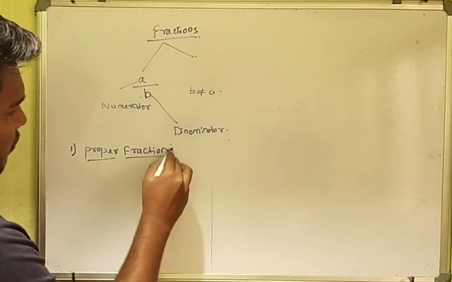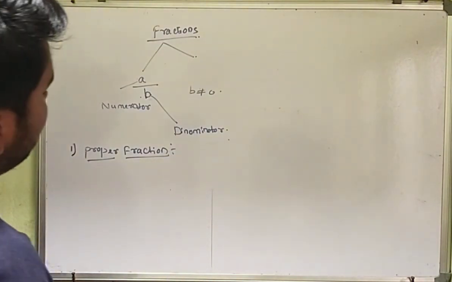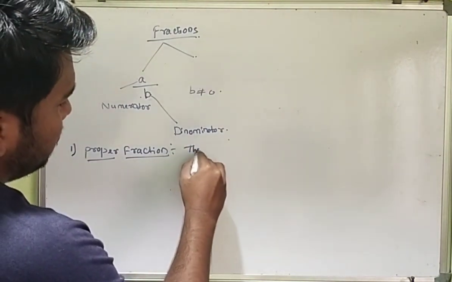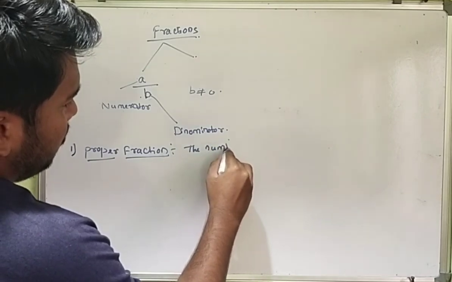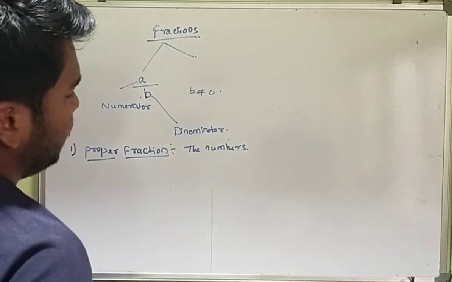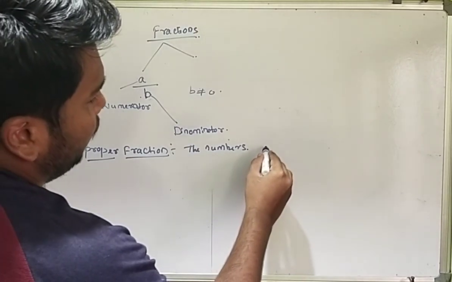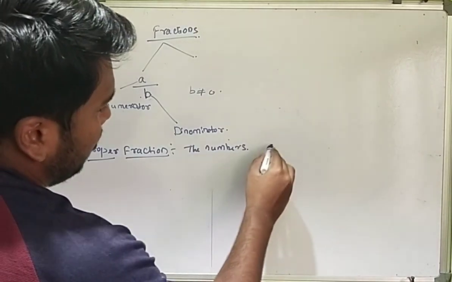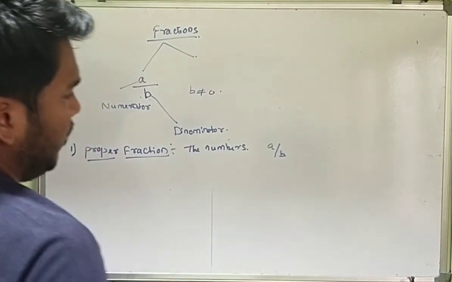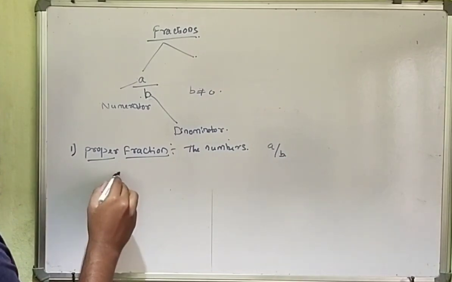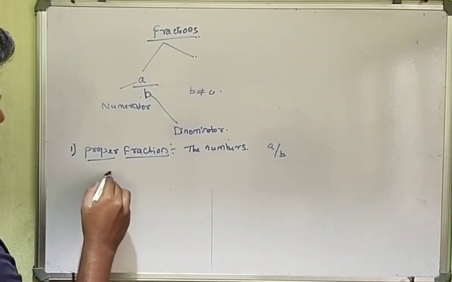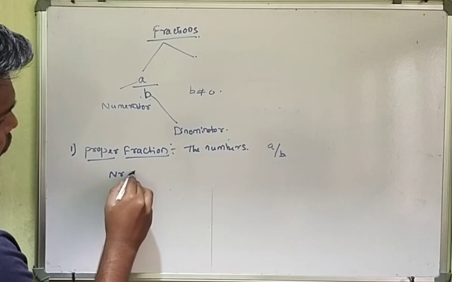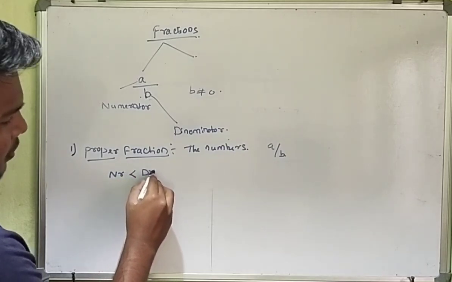In the previous class you studied numbers expressed in the form of a by b, but the condition is that a should be less than b, that is, the numerator should be less than the denominator.